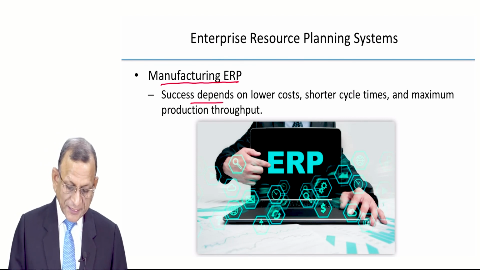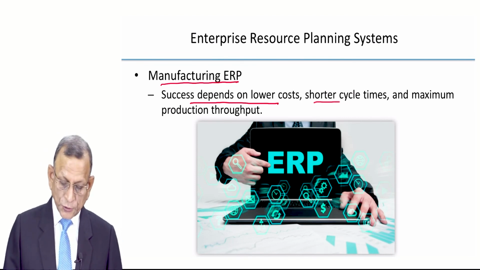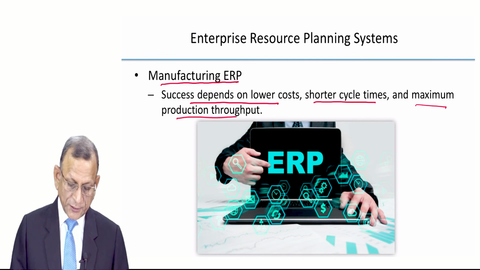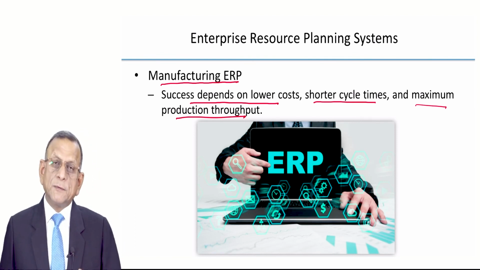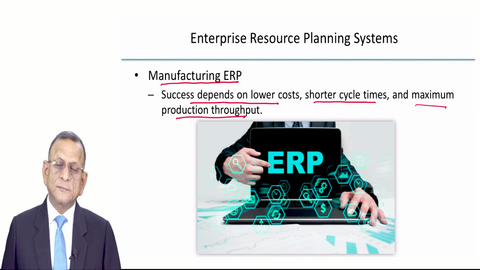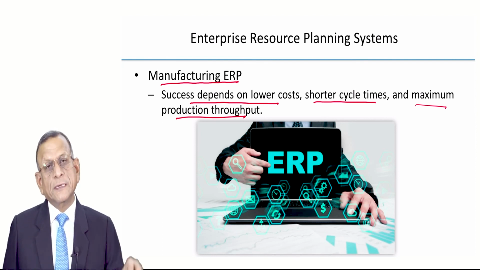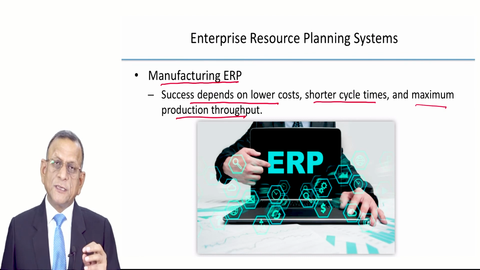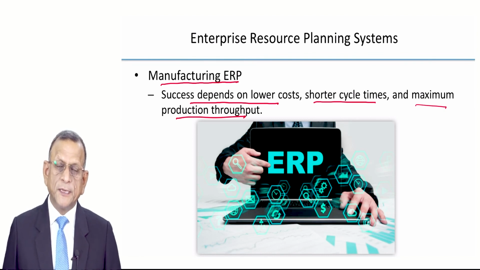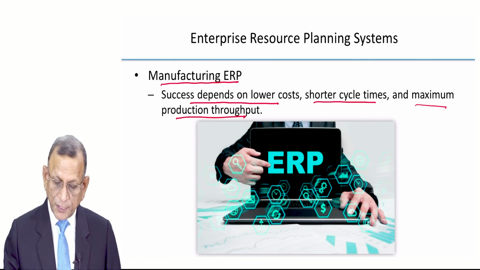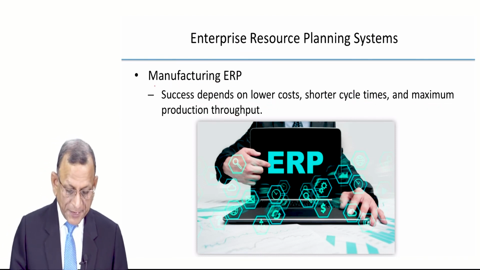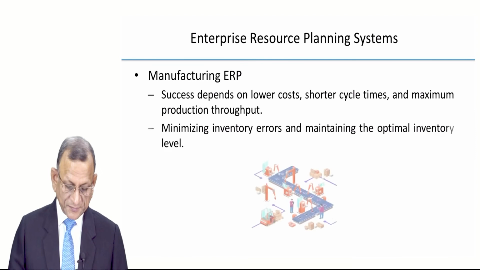So success depends on lower costs, shorter cycle time, and maximum production throughput throughout. So we know that maximum throughput is required. This has to be done throughout the organization. Production time has to be reduced. Efficiency is essential. For this, we got something known as manufacturing ERP.